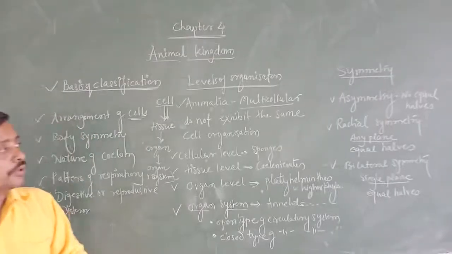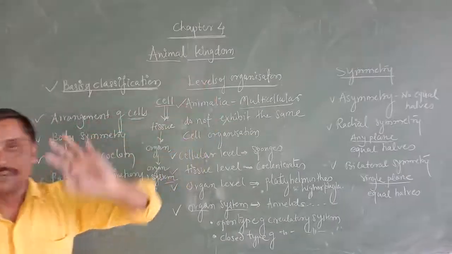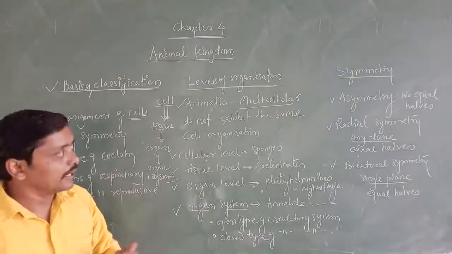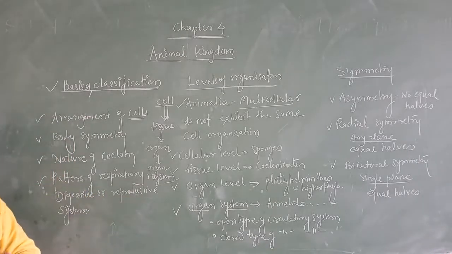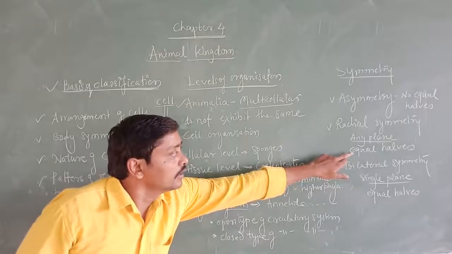I am going to define radial symmetry here. How do we write the radial symmetry definition? If you cut an animal or an organism by any plane, in any plane that is passing through the center, you get two equal halves.